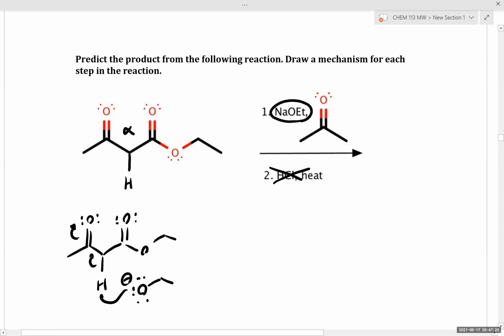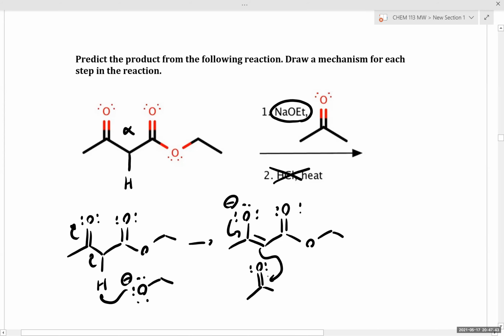So as we talked about, beta ketoesters are useful substrates because they can be preferentially and quantitatively deprotonated under relatively mildly basic conditions. So we can use weak bases such as ethoxide to deprotonate the alpha position selectively and generate our enolate.